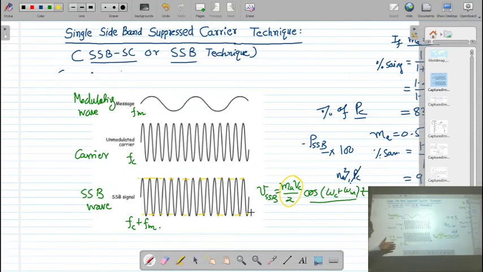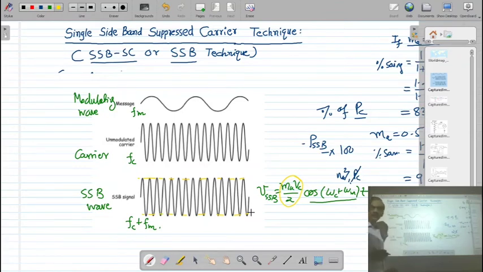Remember, that's why it is difficult when we receive the SSB wave. We cannot use an envelope detector for recovering the information. The circuit is going to be complicated, and that's what we have to pay for the SSB technique. The receiver circuit will be complicated because this envelope doesn't have the information.